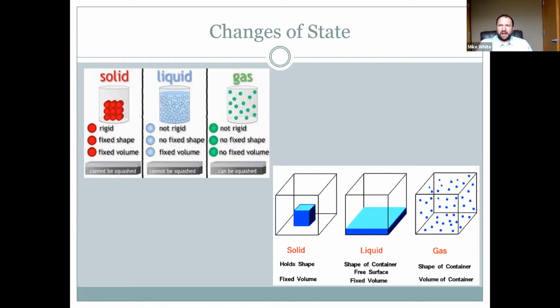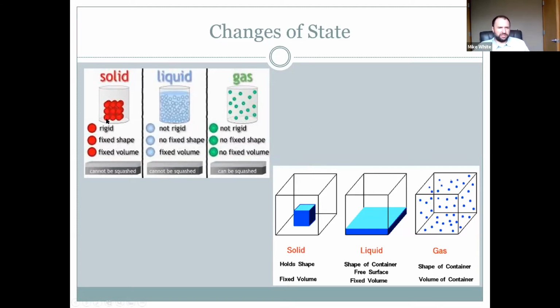It's easy to identify when things are solid, but trying to define it can be a little more confusing. So just think of it in terms of rigid, with a fixed shape and a fixed volume. The fixed volume part is that it's not going to get bigger or smaller. It's going to stay the same size and the same shape.